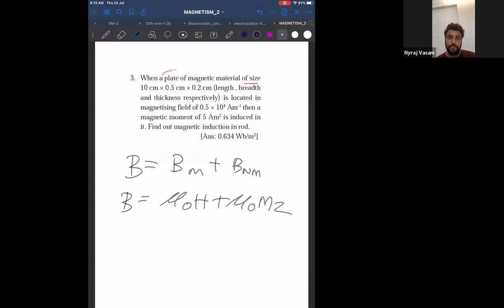It is mu naught H plus mu naught Mz. Do I know the value for mu naught? Yes. Do I know the value of H? Yes. Do I know the value of mu naught again? Yes. Do I know the value of Mz? It is not given directly, but can I say Mz is magnetic moment per unit volume? Therefore, you can solve with this formula.